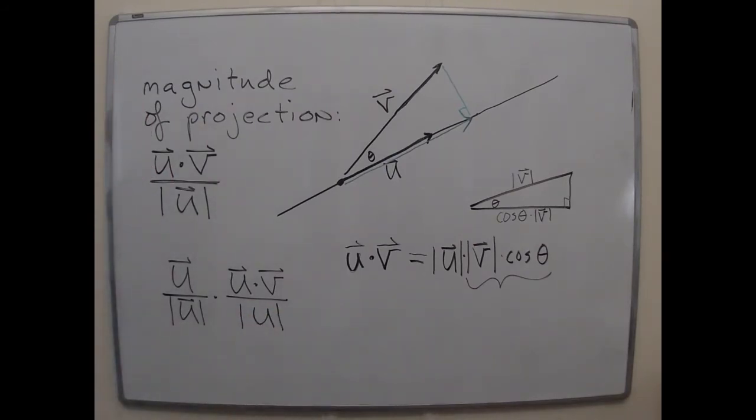And I feel like I can do something more with this. I could certainly combine those and talk about the square of the length of u. That's actually kind of a nice thing to do.